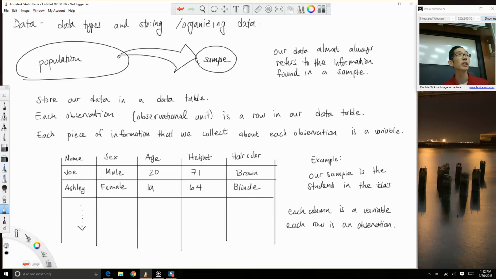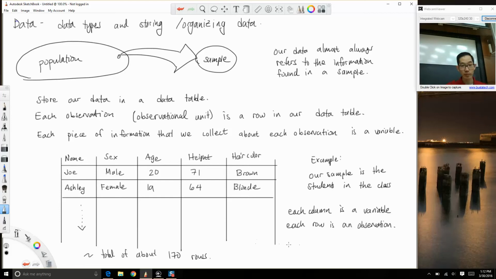Okay, and so in this classroom, we would anticipate approximately 170 rows or something like that, one for each student.